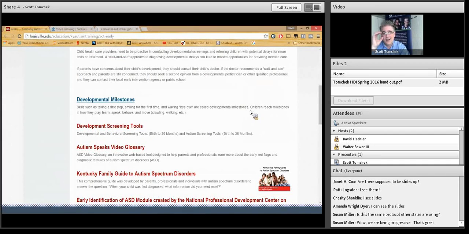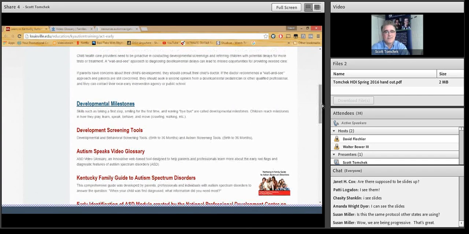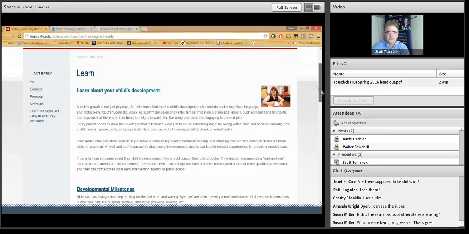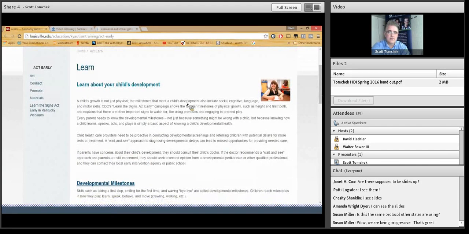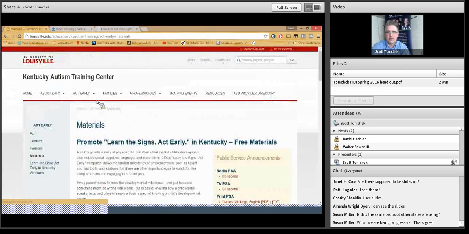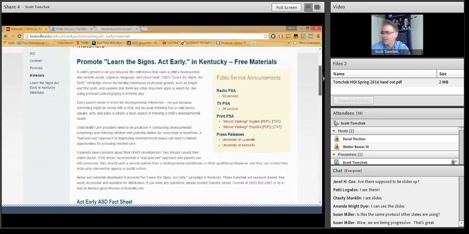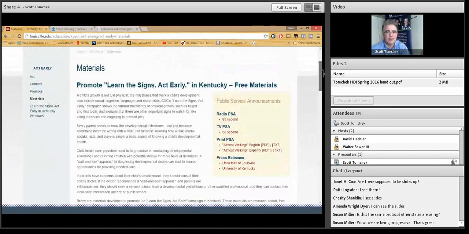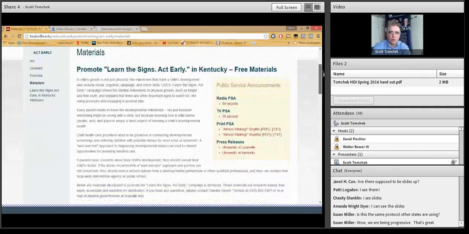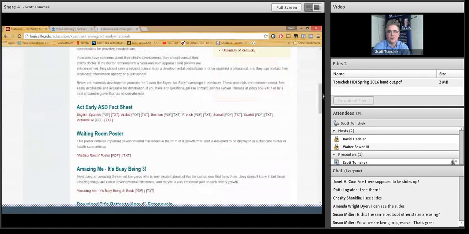So you'll have autism fact sheets. There are developmental milestones brochures, all available to download, that can be handed to families to show families how to track their child's development. So we think about growth a little differently when we're in this campaign and we're talking about development.